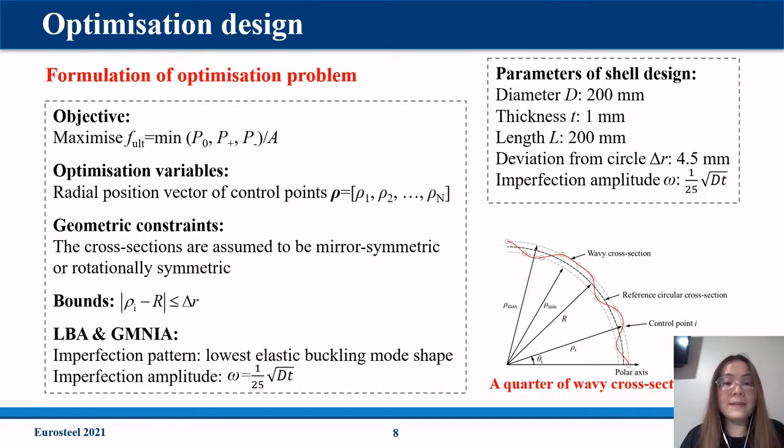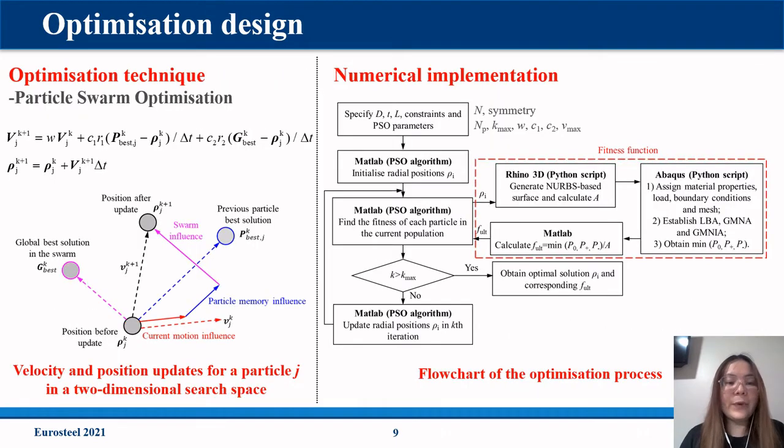Thus, the optimization problem for the wavy cylindrical shells can be formulated as how to maximize the ultimate stress. For designing a specified shell within reasonable computation time, we need to use an optimization algorithm. In this study, we use particle swarm optimization.